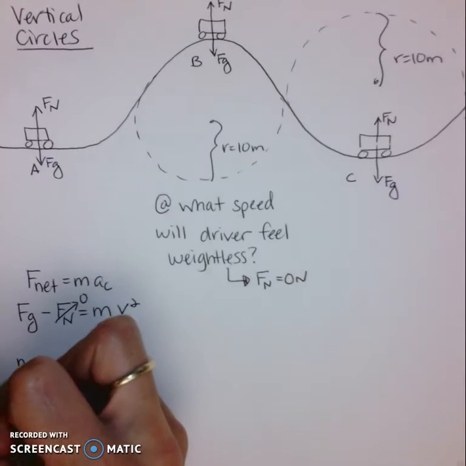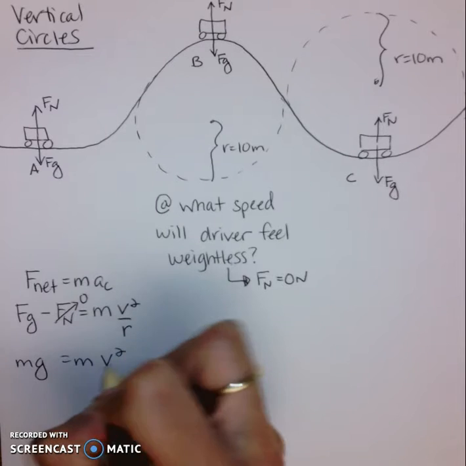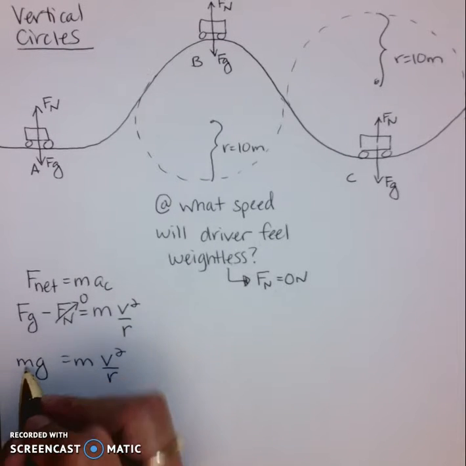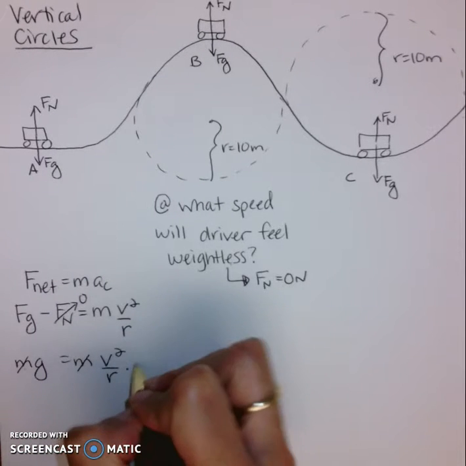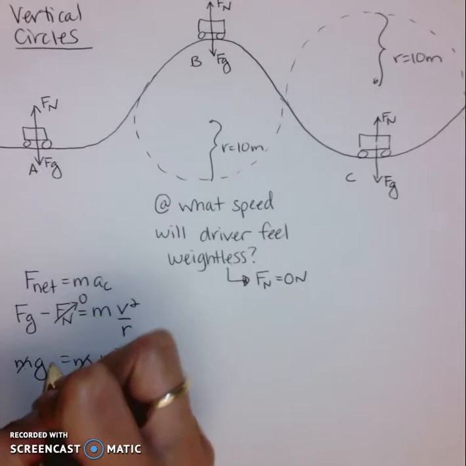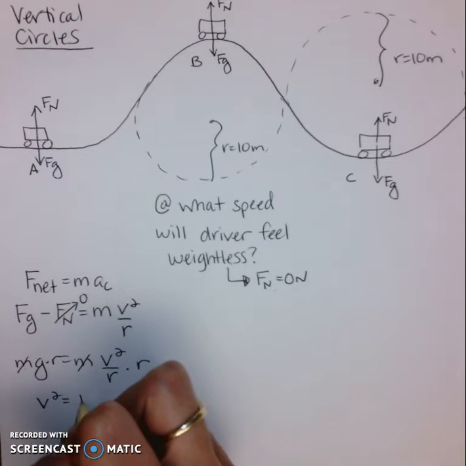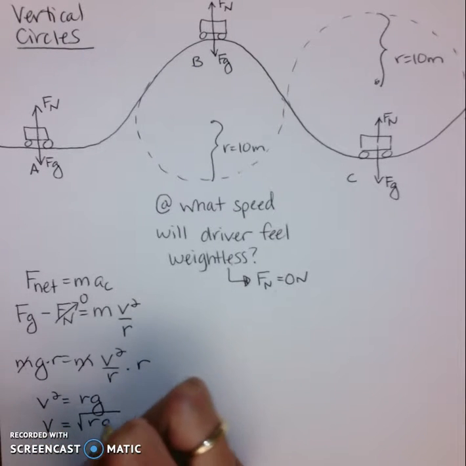So Fg is mg equals mv squared over r, and I want to solve for v. So I'm going to divide by m, and because there's an m over here, they're going to drop out, and I'm going to multiply by r. So I get v squared is equal to r times g, or v is equal to the square root of rg.